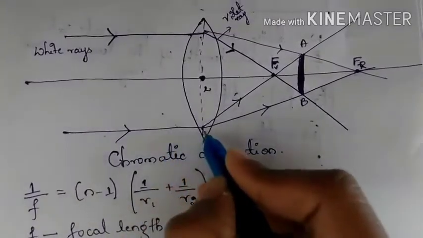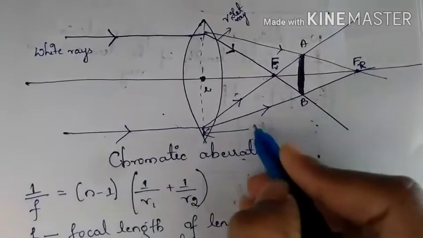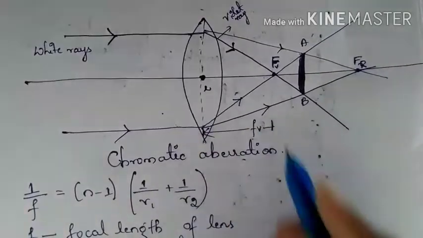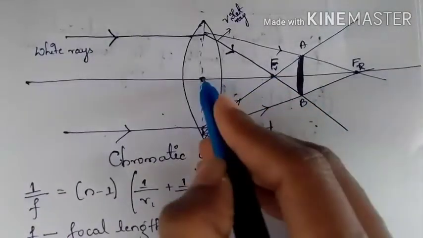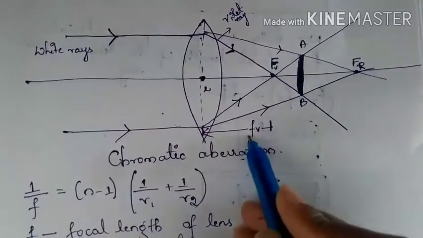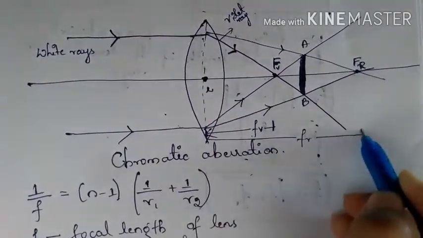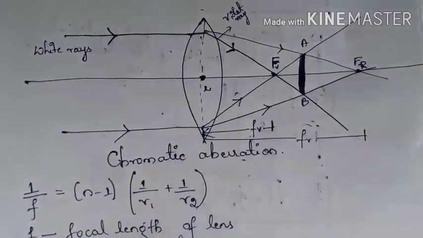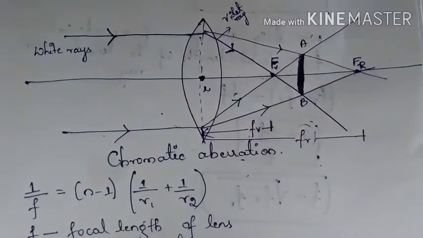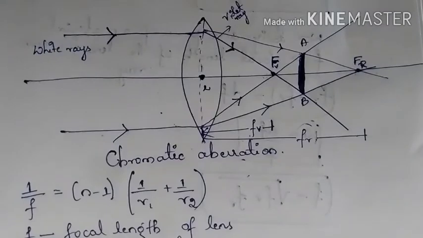In the diagram, the distance from L to FV is FV, and the distance to the other point, FR, gives the focal length for the red ray.